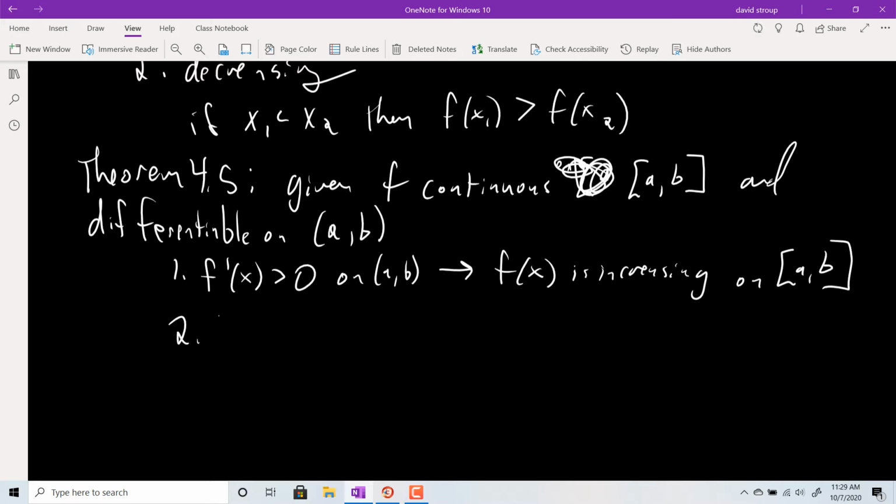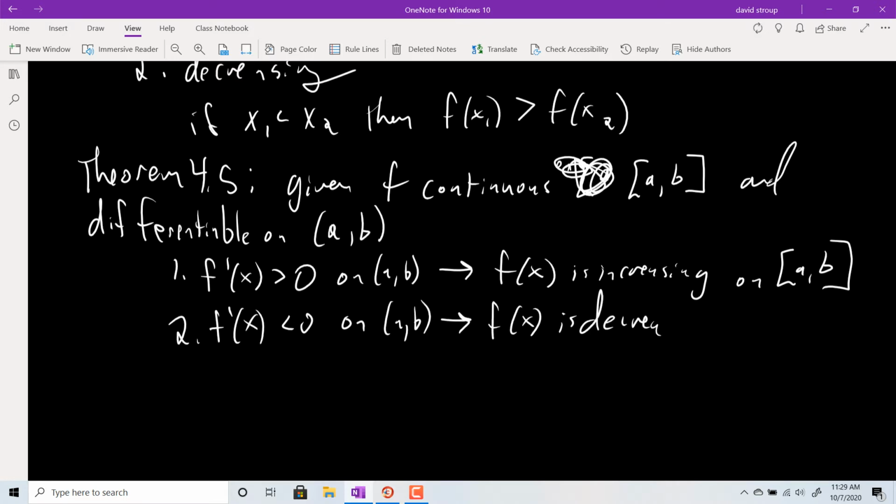Okay. If the derivative is negative on a to b, then f of x is decreasing on a to b. And then if f prime of x is equal to 0 on this interval, it's constant.